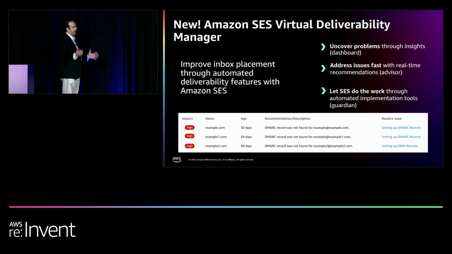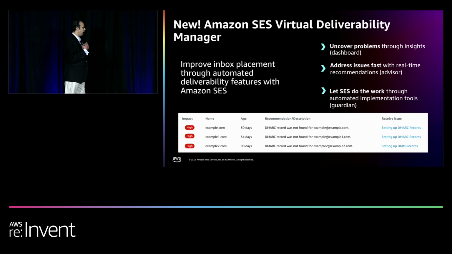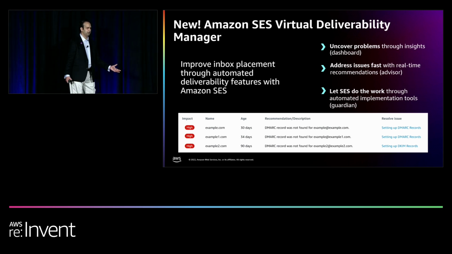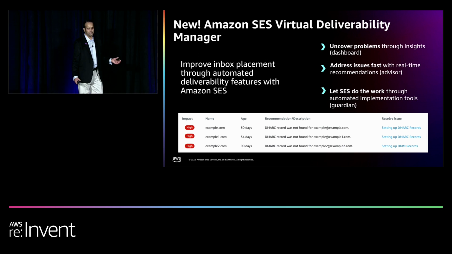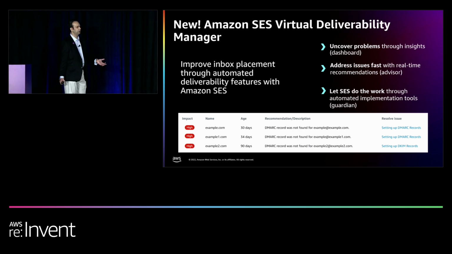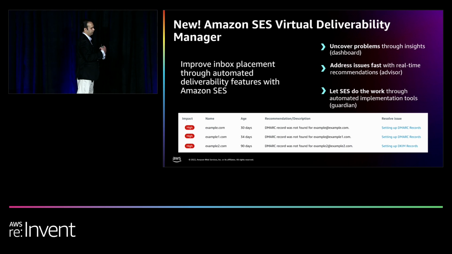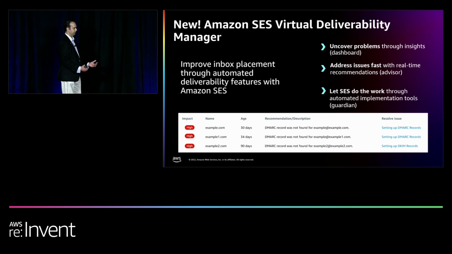And then as you scale it out, you start to run into more and more problems, whether those are spam problems, deliverability problems, figuring out why that email isn't making it to a customer, where it is getting lost in the mail delivery chain, getting insights on what's stopping your message from reaching your customer, and getting automated insights that basically help you figure out how to improve your mail deliverability story.